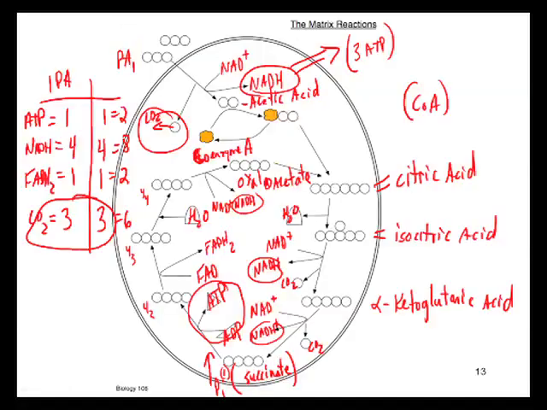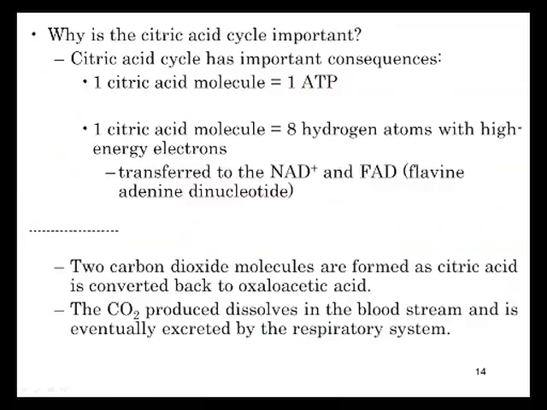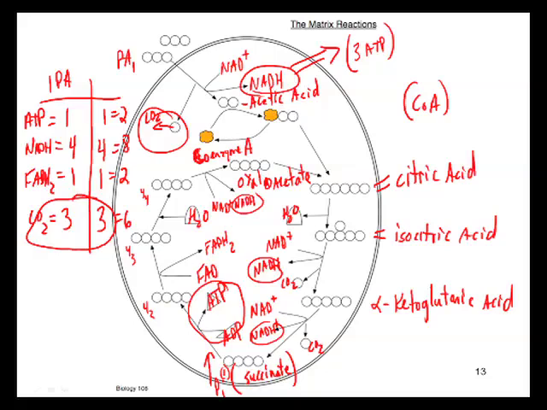We have one glucose that becomes two pyruvic acids. Each of those pyruvic acids needs to feed into that citric acid cycle. You need to be familiar with what happens and the numbers that we get from each one of these. The whole purpose of these reactions is to slowly peel away a little bit of the energy contained within these molecules so that it can be used to make ATP.